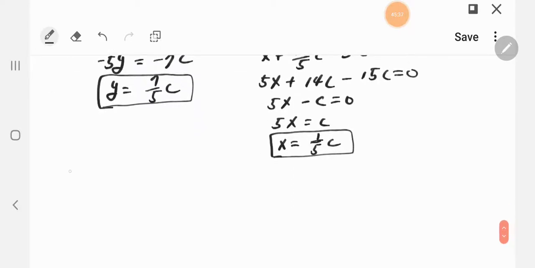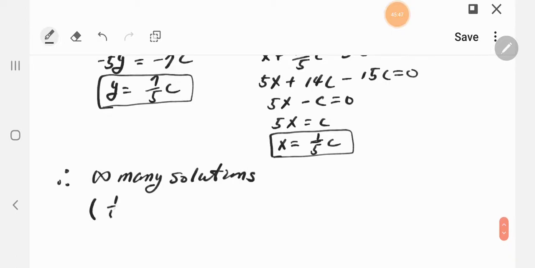So we know that there are infinitely many solutions, right? Infinitely many solutions. And the solution type is x is 1 over 5c, y is 7 over 5c, and z is c, where c is any real number.